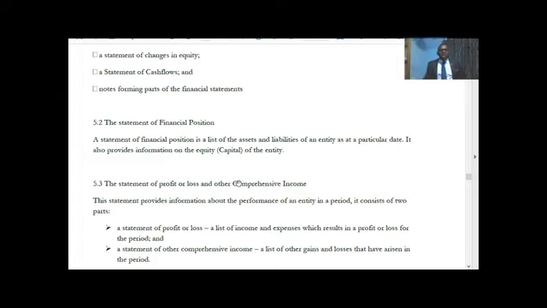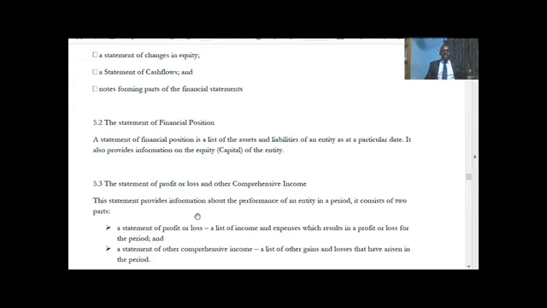Good. What of the statement of profit or loss and other comprehensive income? Now, this statement provides information about the performance of an entity in a period. It consists of two parts. So as the heading goes, statement of profit or loss and other comprehensive income.